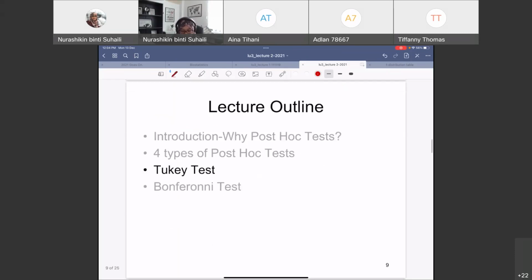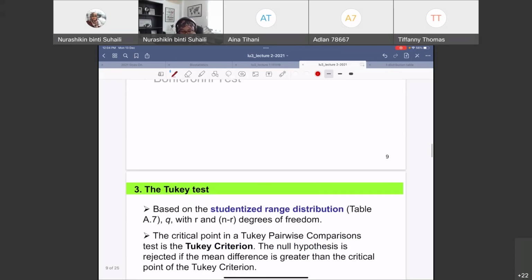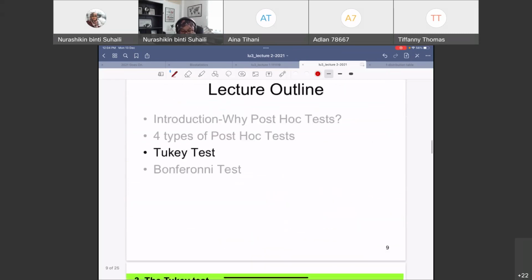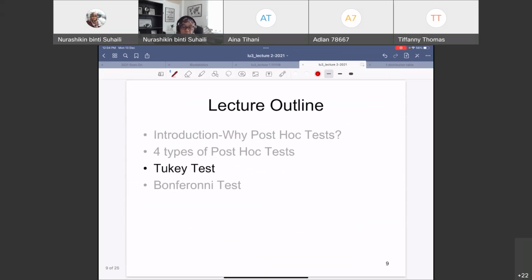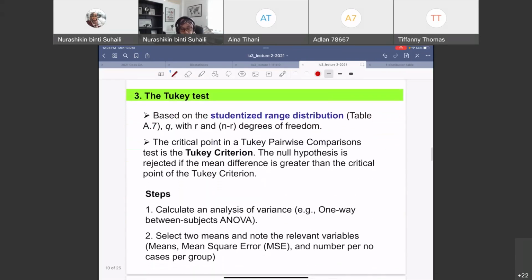Now let's move directly to Tukey test. We are going to focus more on Tukey and Bonferroni and not the first 2. Remember these are post-hoc tests, so they are done after you have done the ANOVA test.